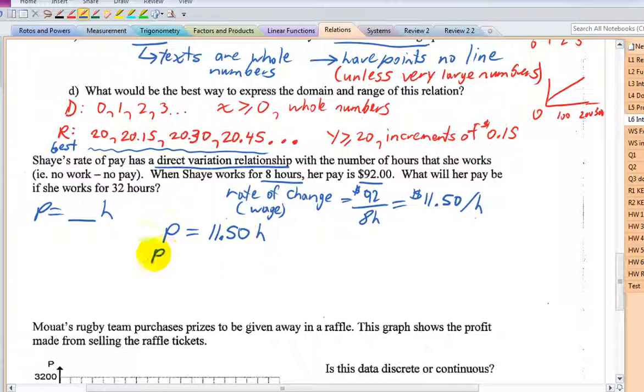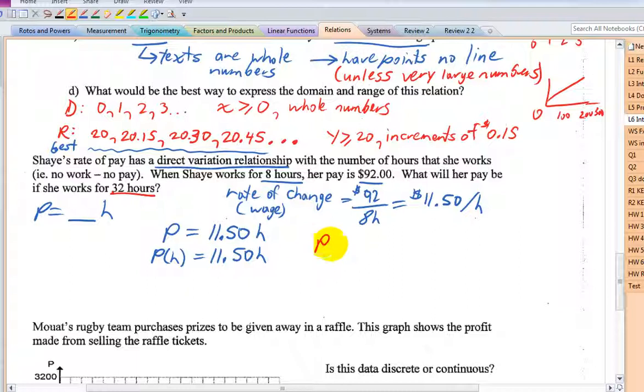But it's not in function notation yet. It would be P, and what am I missing? I'm missing the variable in brackets. Okay, so P and H. Now what we can do is work backwards, substitute in 32 hours and solve.